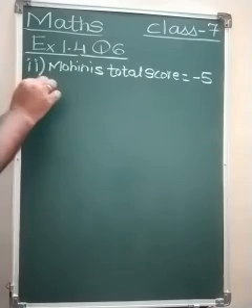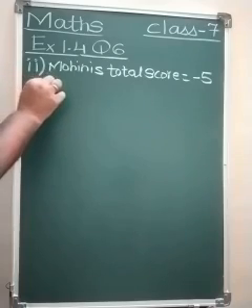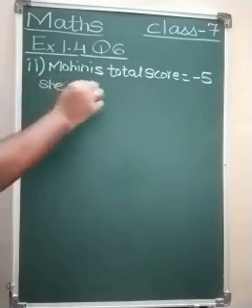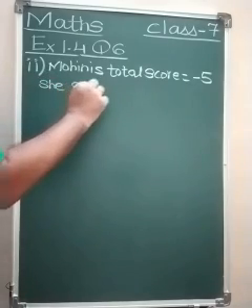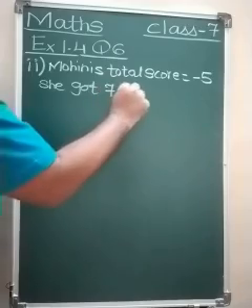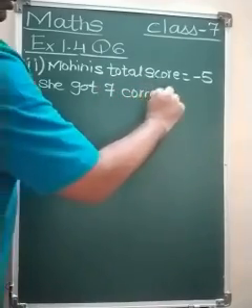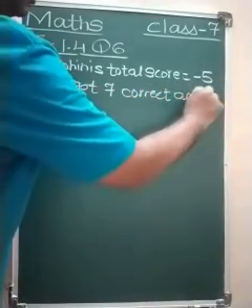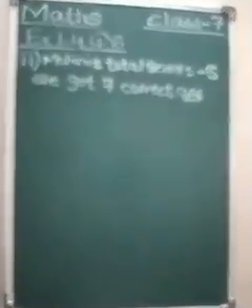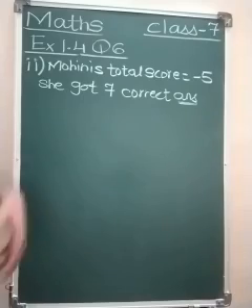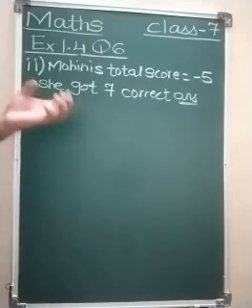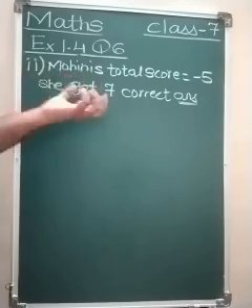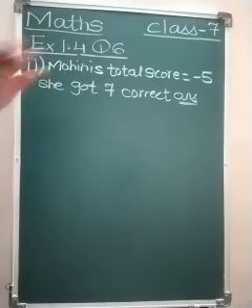Also she got 7 correct answers. Again the same thing: how many questions has she attempted incorrectly? Let us see. Again, the unknown thing is to be found out.